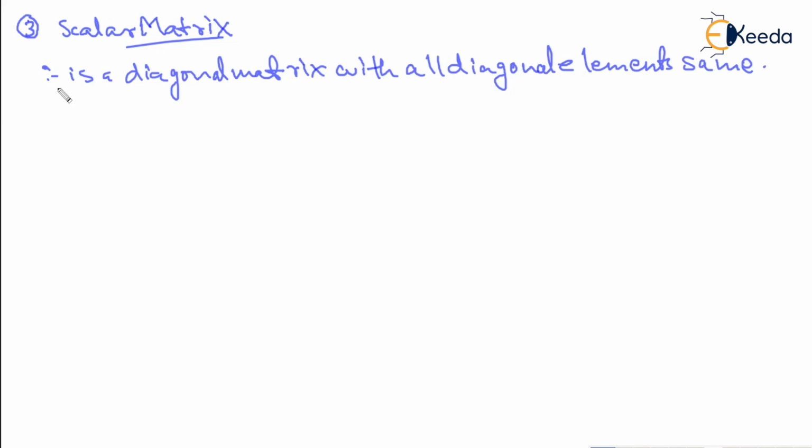That is, all the diagonal elements should be the same, and obviously it is a diagonal matrix, so the off diagonal elements must be 0. For example, 2 0 0, 0 2 0, 0 0 2. So this is a square matrix of 3 cross 3 size, and all the diagonal elements are the same, and off diagonal elements are 0. So it is a scalar matrix. Of course it is a diagonal matrix, and of course it is a square matrix, right?